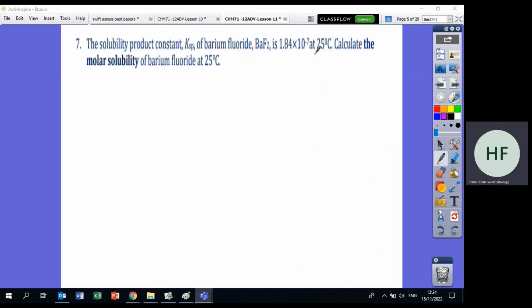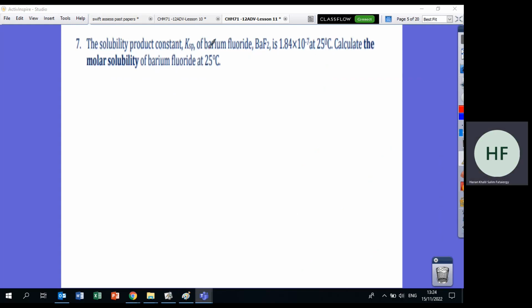Now this question says the solubility product constant Ksp is 1.84. So we have BaF2 and the Ksp is equal to 1.84 times 10 to the minus 7. Calculate the solubility. So he wants S equals how much? Okay, as we know from before, step 1, you dissociate this.